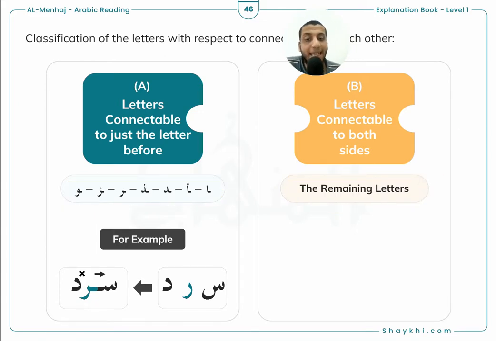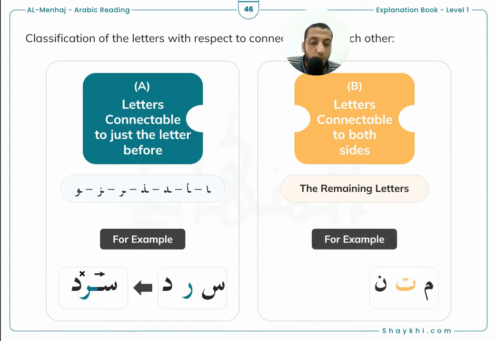Let's take an example to clarify this point. This word: matn. The ta here has a letter before it and a letter after it. This is the isolated form of these letters, but we said that when the letters are written in a word, we don't use the isolated forms, so we will connect these letters to each other.